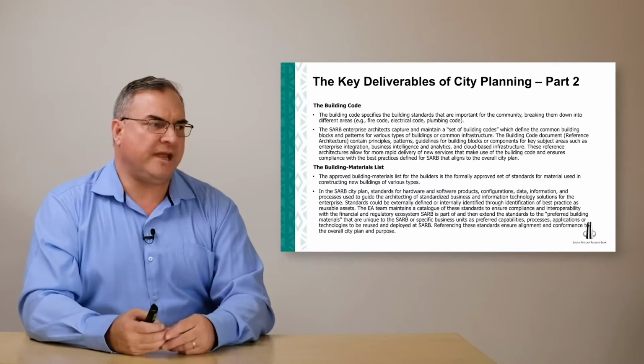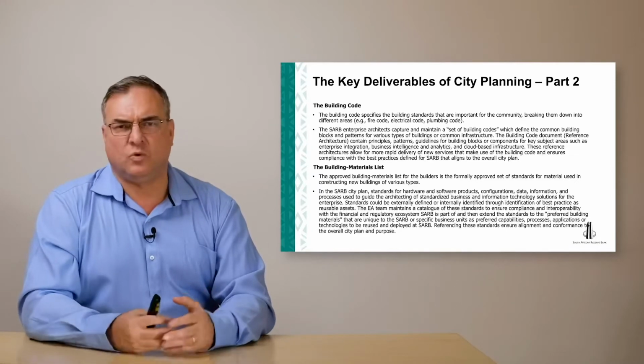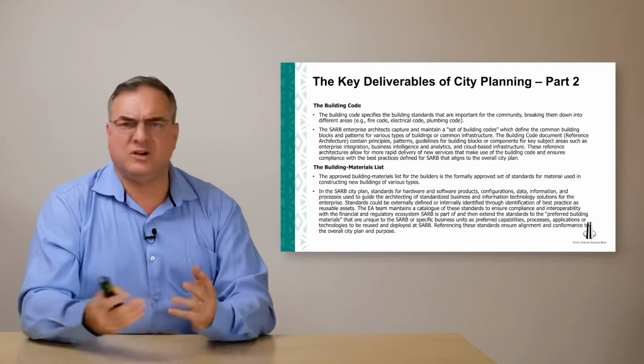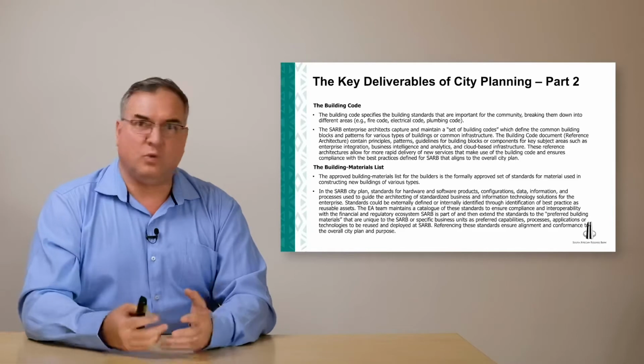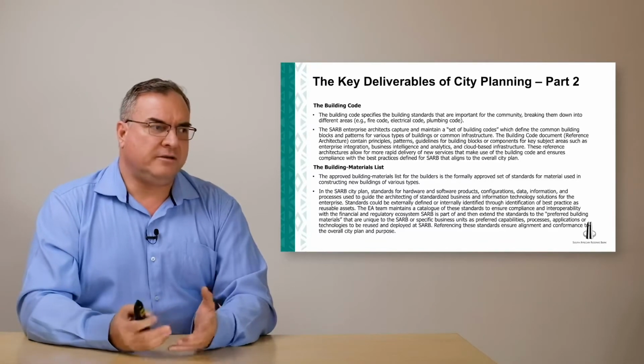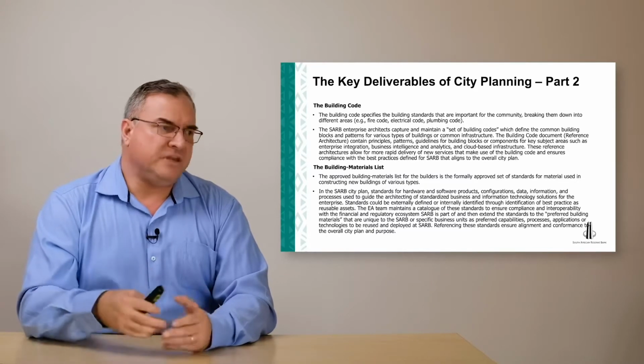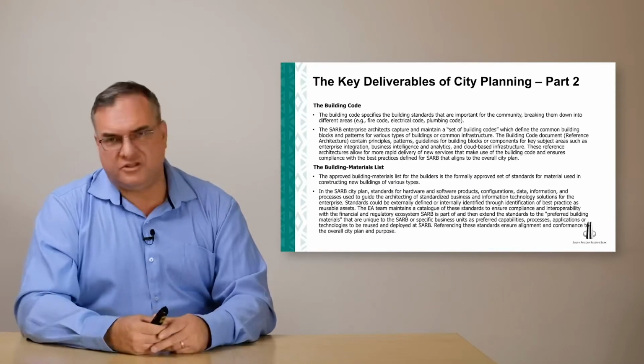In the SARB city plan, the standards for hardware or software, or for configurations or data standards, master data, information or processes, preferred ways of doing things, are used to guide the architecting of standardized business and information technology solutions in the enterprise.